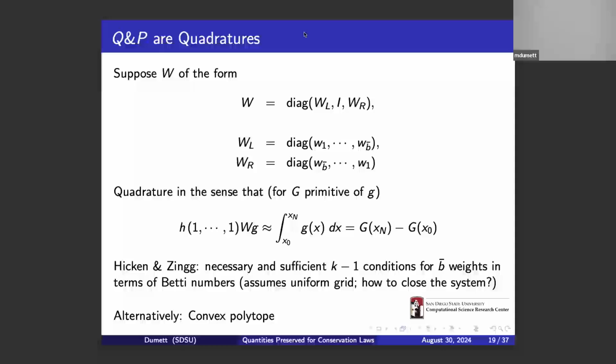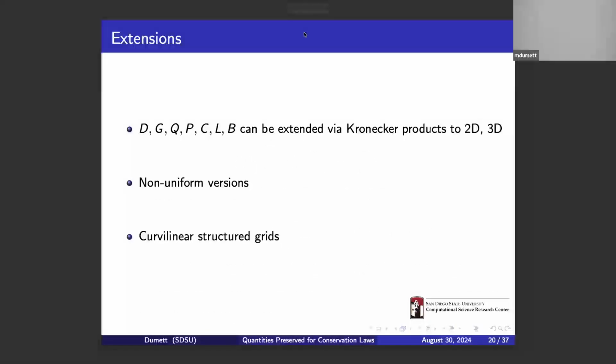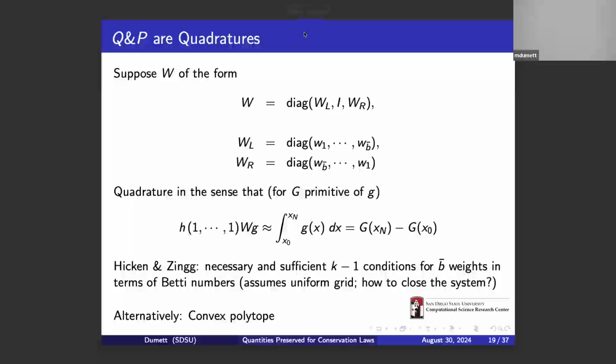And we didn't have before a procedure that works always. It turns out that you can reformulate this in terms of a linear programming problem using a convex polytope, and you could demonstrate that there is an infinite number of solutions. But remember, what matters here is that P and Q are quadratures, which is essential.